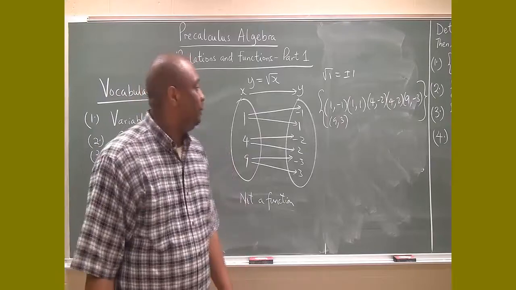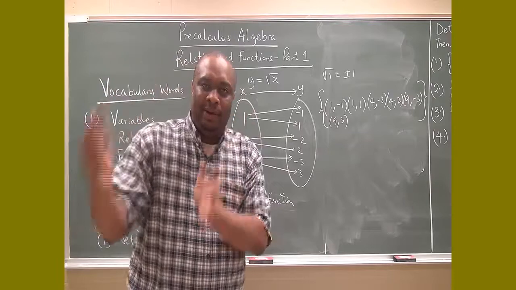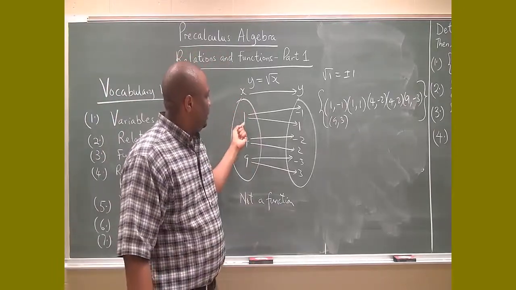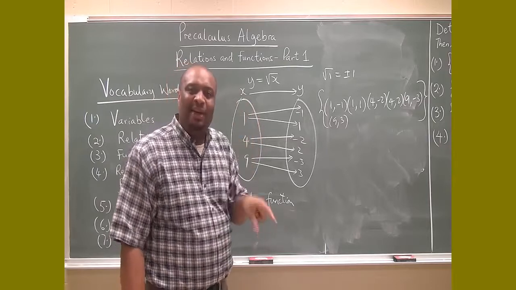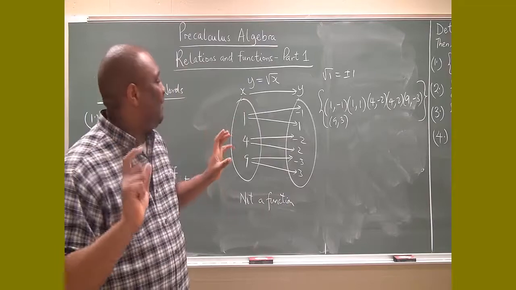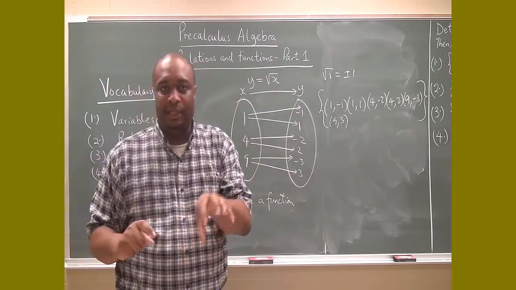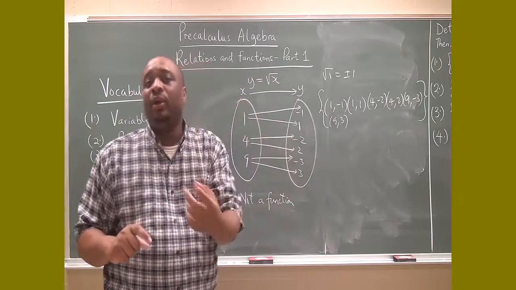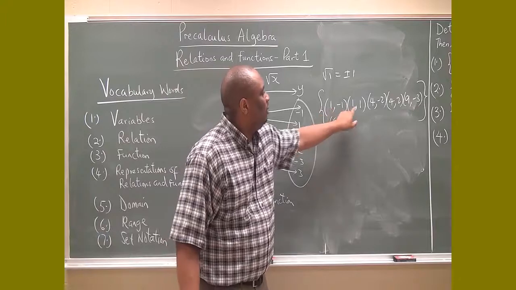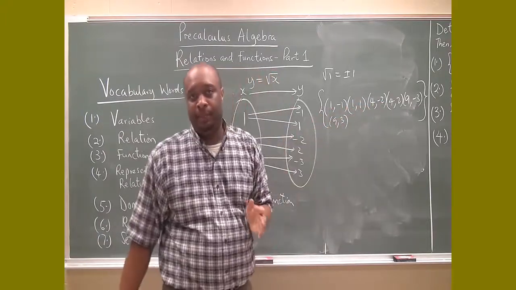So a function in that case is a relation in which for each input there is a unique output. You can define a function that way. You can also define a function as a distinct set of ordered pairs in which no input repeats. 1 shouldn't repeat, 4 shouldn't repeat, 9 shouldn't repeat.